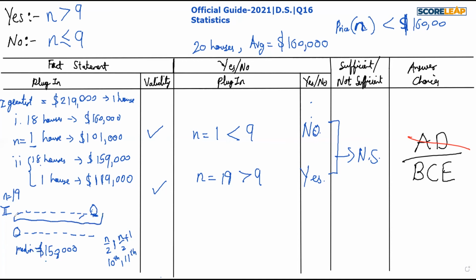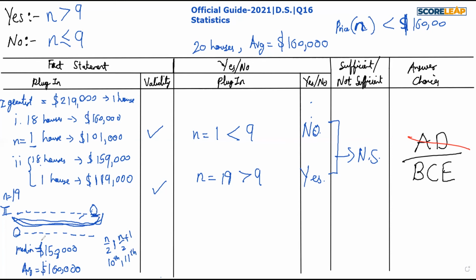So these 10 values will definitely be less than the average, which is $160,000, because they are less than or equal to $150,000, the median value.